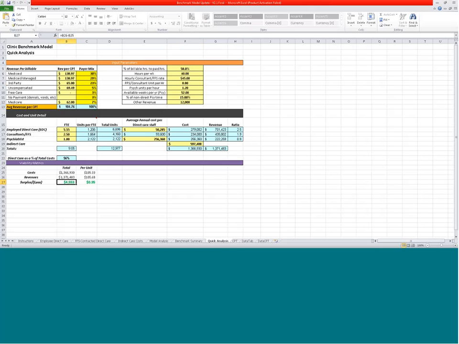This area is where you can input different facts about your clinic, whether you work a 40-hour work week, how much you're paying fee-for-service staff, productivity standards, etc. Here is where we begin to see how the number of staff that you may have in the clinic, and all these numbers you can change, translate into units per staff, the amount of revenue they may generate, and the approximate cost for these staff.